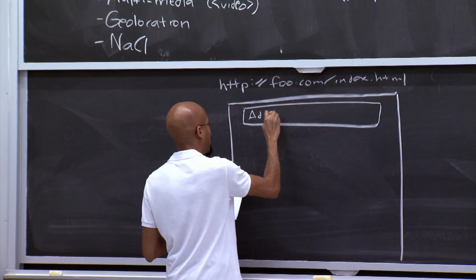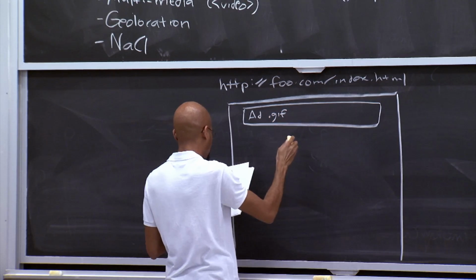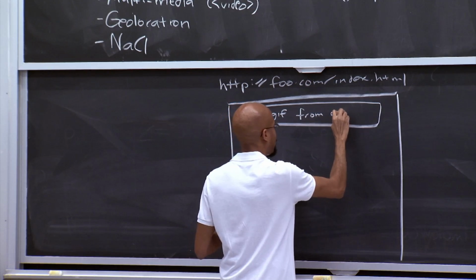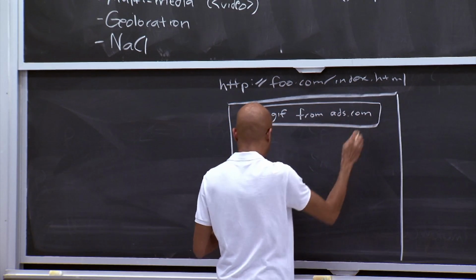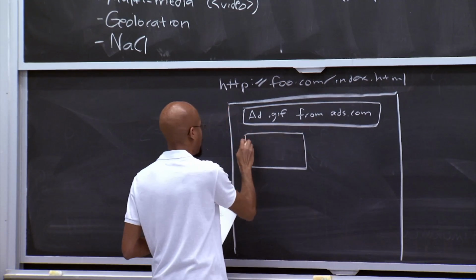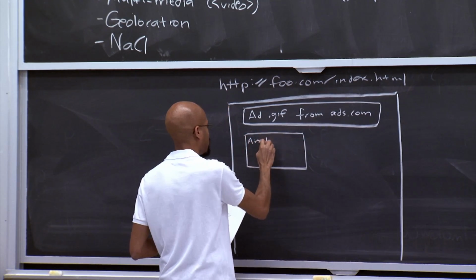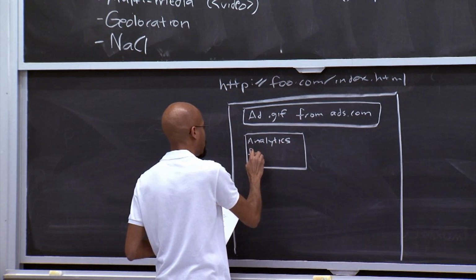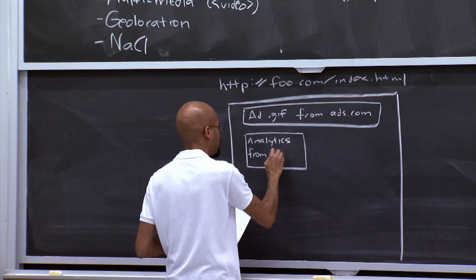So you might see an advertisement in the form of a GIF, and maybe that was downloaded from ads.com. Then you also might see, let's say, an analytics library. And maybe this comes from google.com.